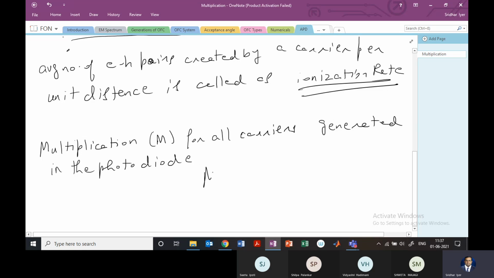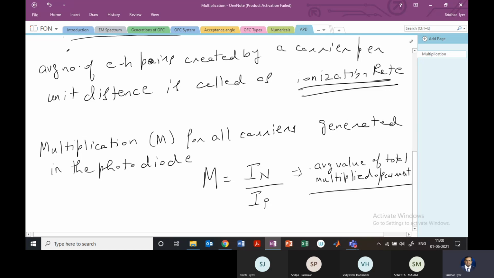Okay. And this is defined as M equal to IN divided by IP, where IN is the average value of the total multiplied output current, and IP is the primary unmultiplied photocurrent, right?